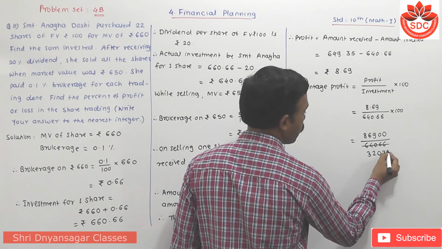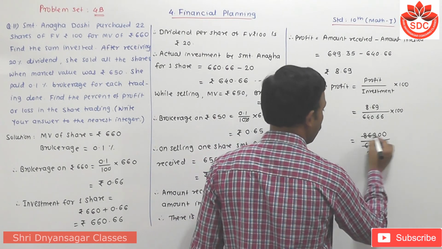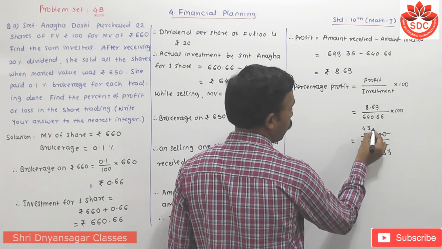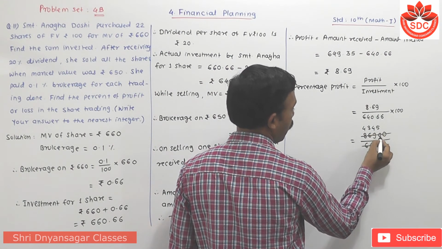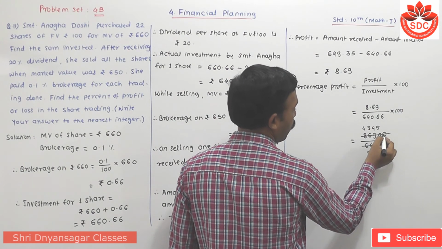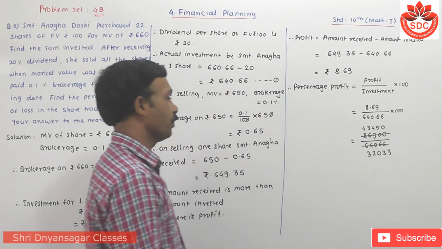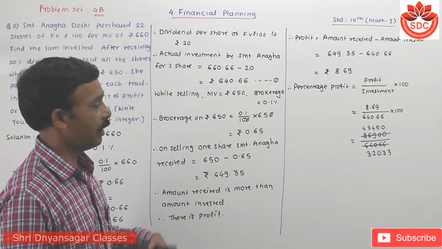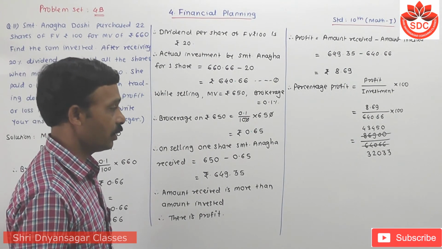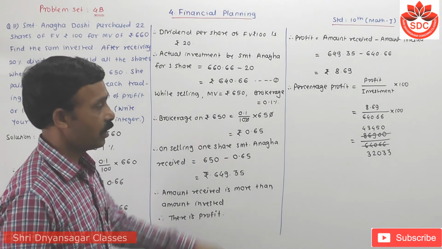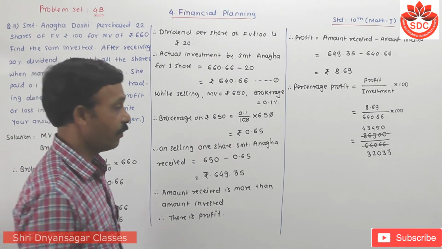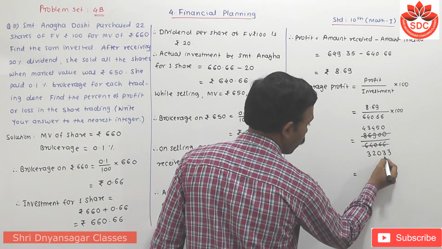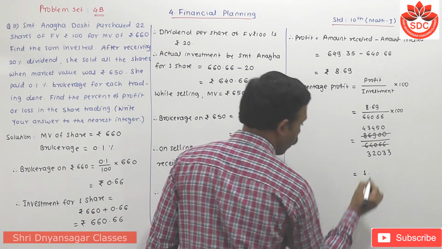0, 2 3s are 6, 2 3s are 6. Then here 2 4s are 8, 2 3s are, then 2 4s are 8, 1 carry, 2 5s are, and 0 as it is. Again we cannot divide completely, so directly divide it by 32,033 into 43,450. Then I have to take its division such that it is 1, then 1 here point.